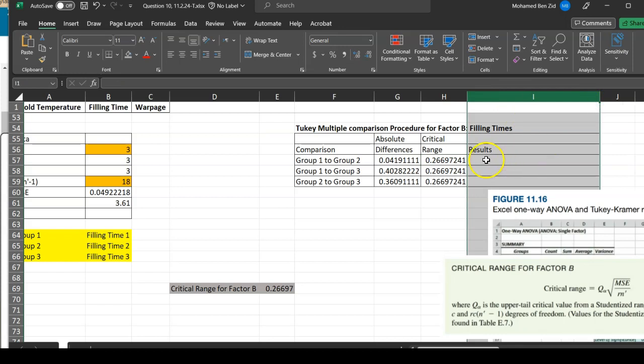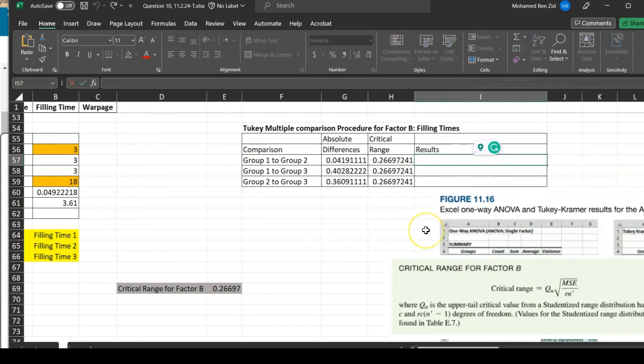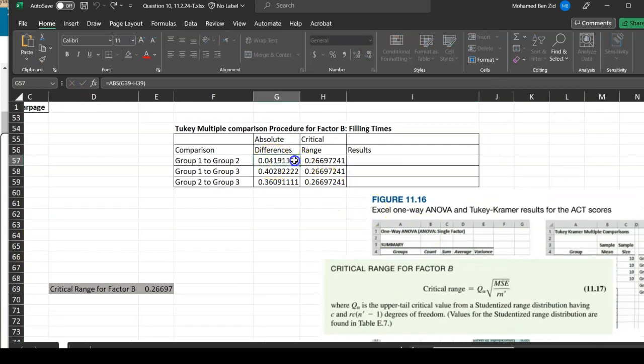So the conclusion will be depending on these two values. If the difference is greater than the critical range, you are saying the groups are different. If the absolute value of the difference is smaller than the critical range, you're gonna end up with the result that the two groups are not different.